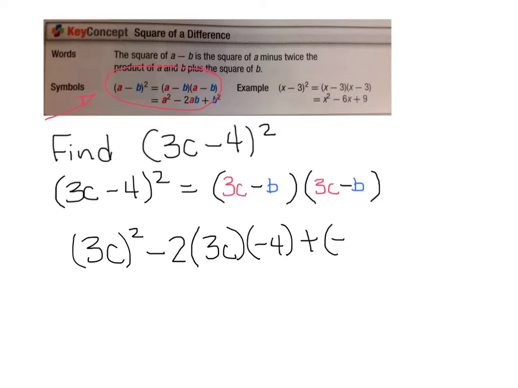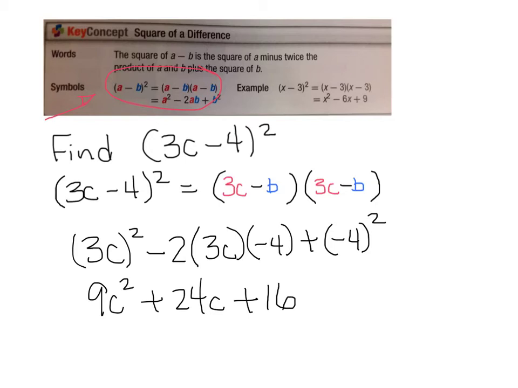And yes, I know I'm putting a plus sign in there and that says minus, but I'm going to keep that minus, or negative, sign with the number. So 3c squared would be 9c squared. Then we've got negative 2 times 3 would be negative 6, times 4 would be positive 24. And then last, I square the last term, which would be 16.